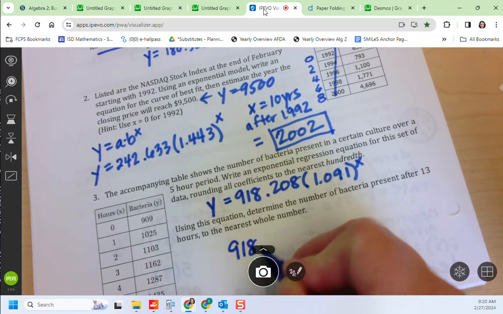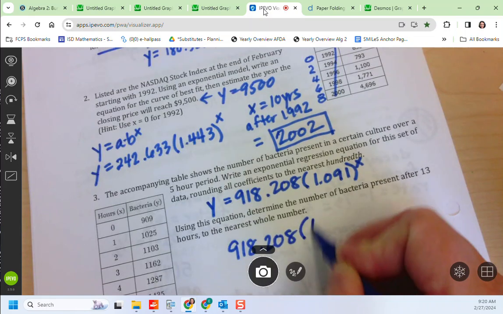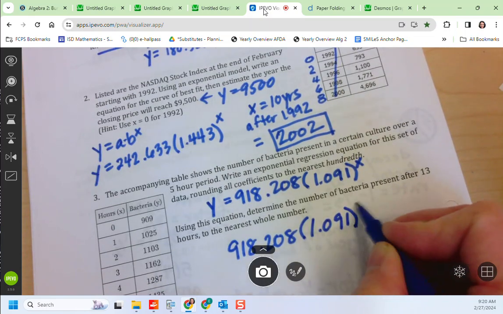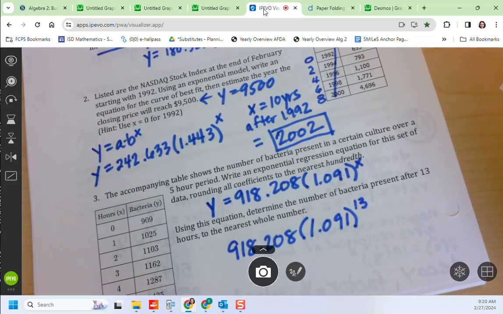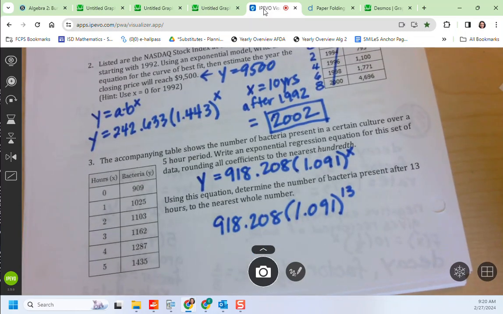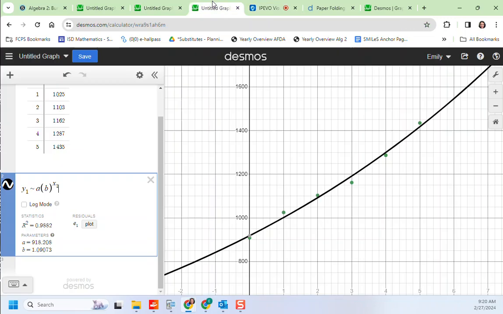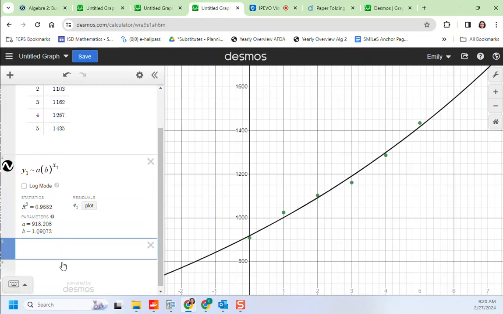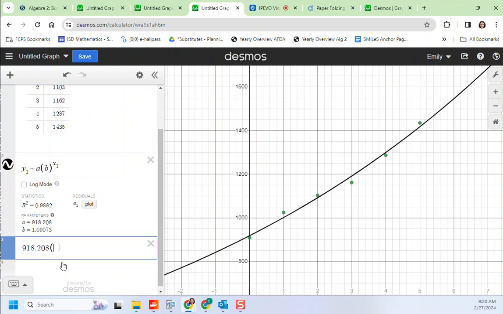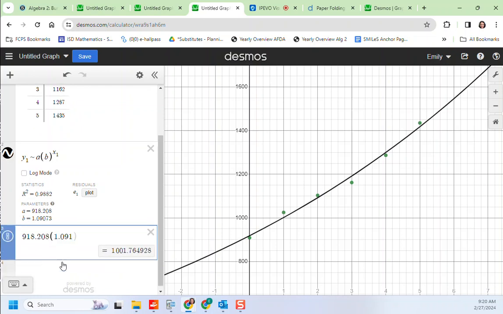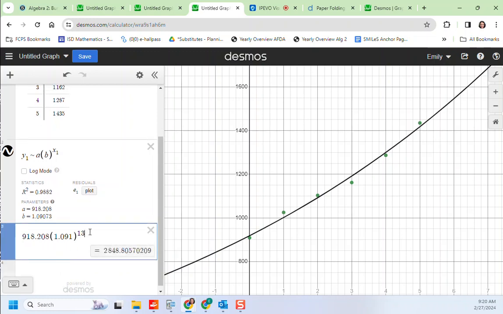So I'm going to do 918.208 times 1.091 to the 13th power, and I'm going to put that into Desmos. All right, so rounding that to a whole bacteria, I get 2,849 bacteria.